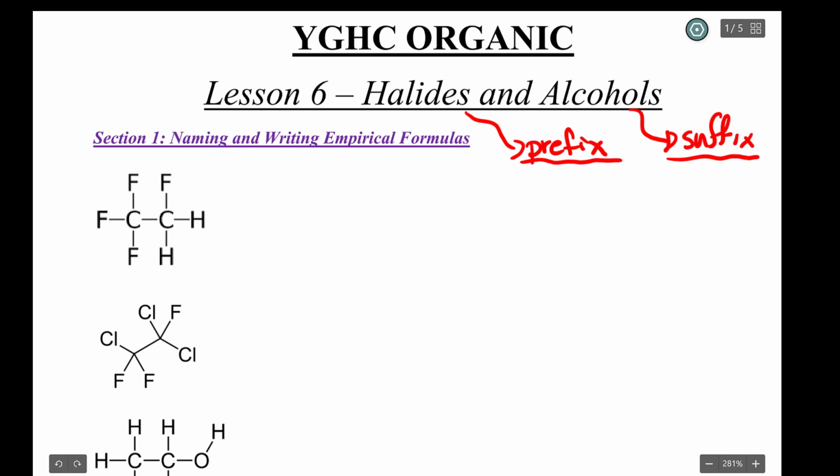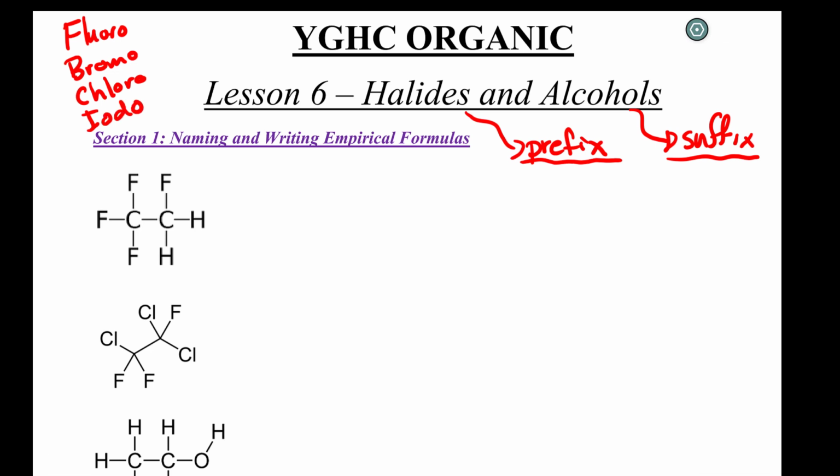So for instance, with all the halides, you are going to have a prefix of fluoro for fluorine, bromo for bromine, chloro for chlorine, iodo for iodine. Whereas with an alcohol, your suffix is going to be an -ol, so the ending is going to be an -ol.